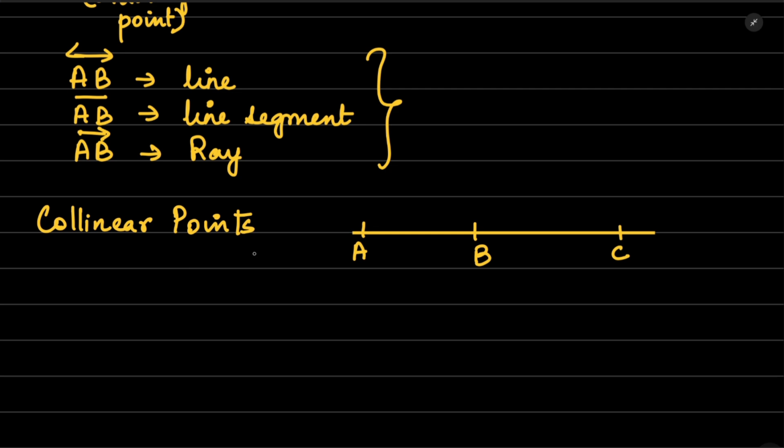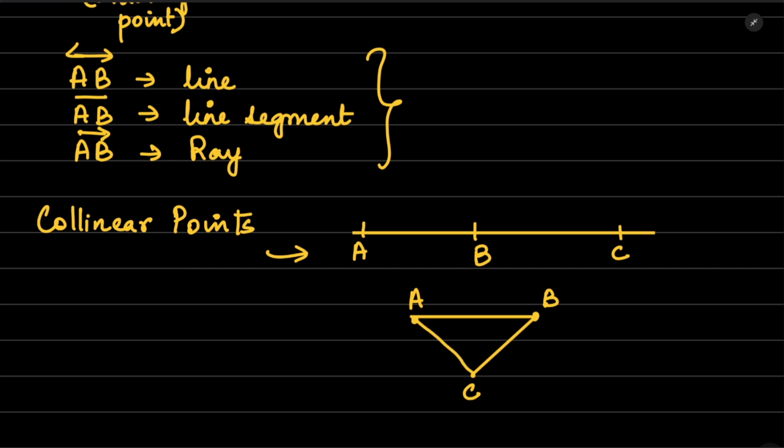So an example is here. All A, B, C are collinear points. Suppose I have three points, A, B and C. If I join A, B is one line, B, C is another.